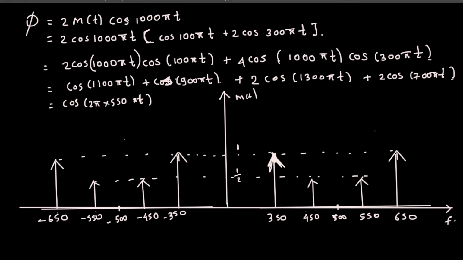So 550 we have one, and then this one is going to be cos 2π times 450 t, and this is going to be 2 cos 2π times 650 t, and this is going to be 2 cos 2π times 350 t.